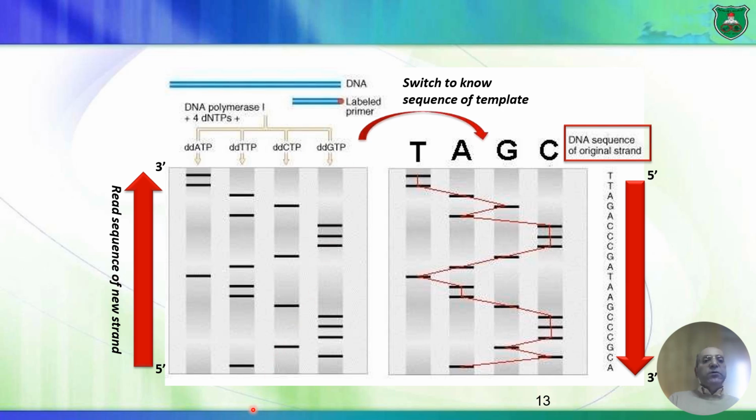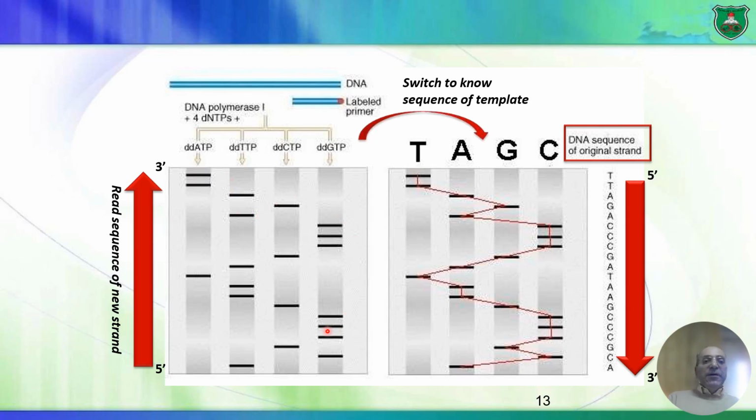So what is the sequence of the newly synthesized DNA? Well, you say it's T, G, C, G, G, G, C, T, T, then A, and so on. So you would be able to know what the sequence of the newly synthesized DNA is.